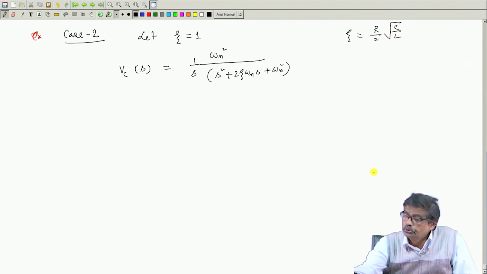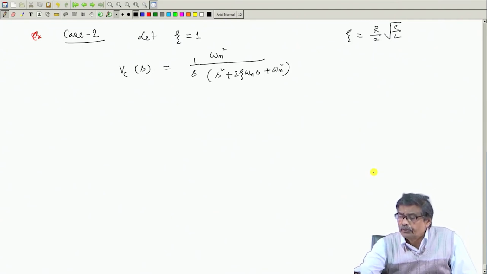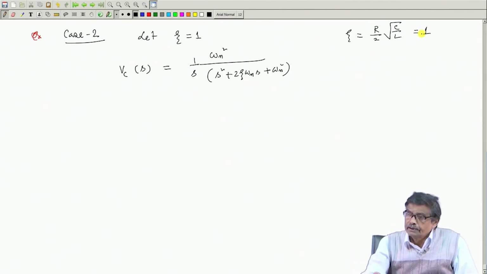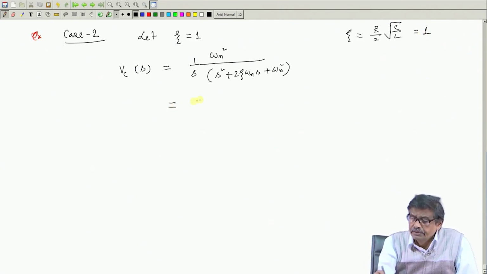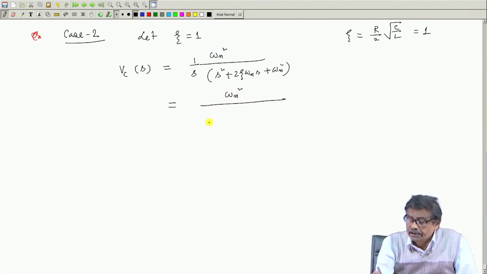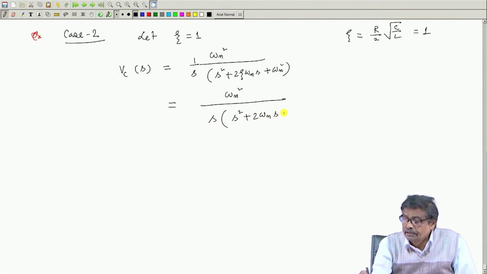So, I can choose values of C and L, and R such that this product becomes equal to 1. Clear? Now, if zeta equal to 1, then I will straight away write omega n square divided by s into s square plus 2 omega n s plus omega n square.